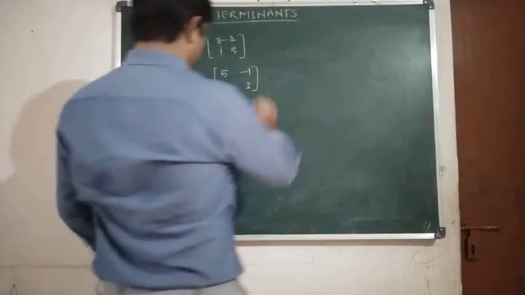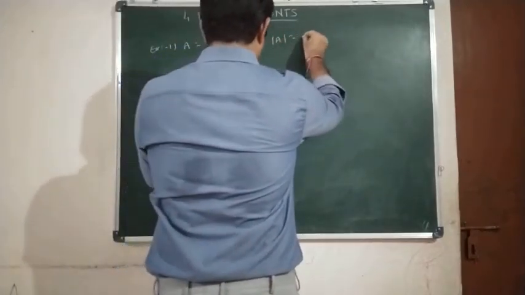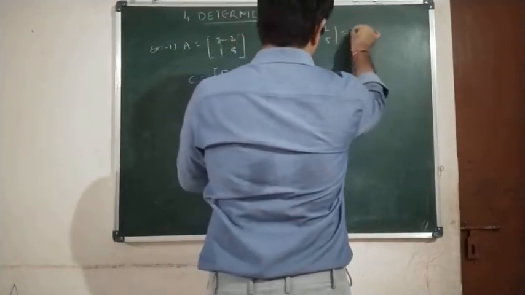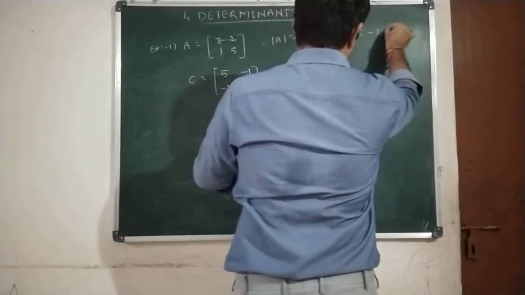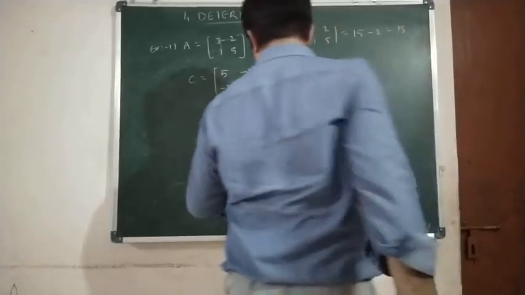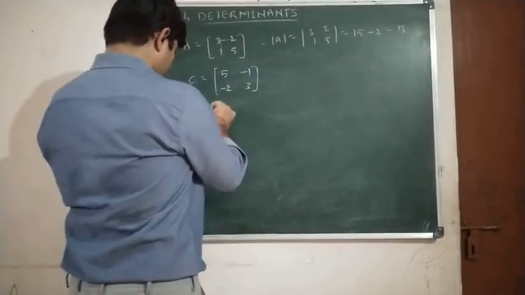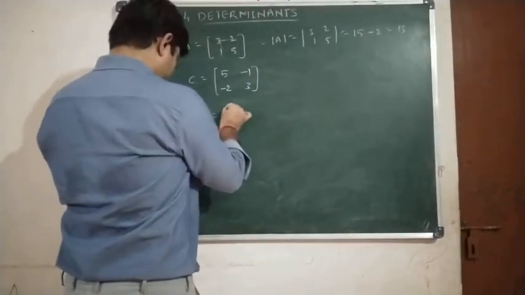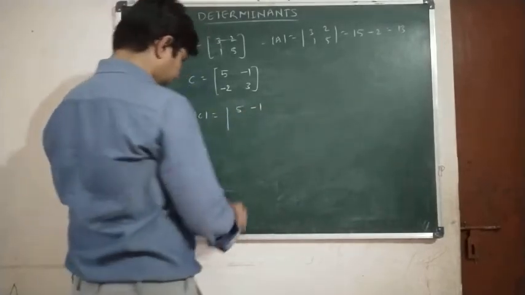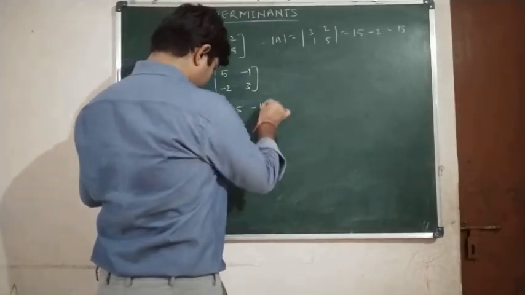Now let us find out the determinant. Determinant of A will be equal to 3, 2, 1, 5, which is 5 3s are 15 minus 2, equal to 13. And similarly, determinant of C, 5, minus 1, minus 2 and 3.